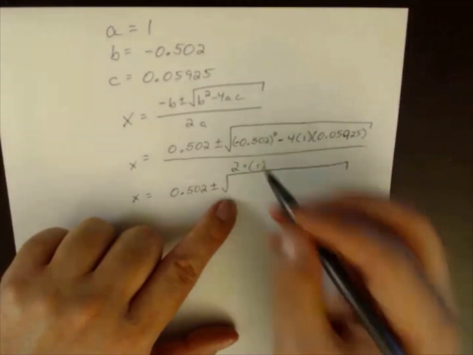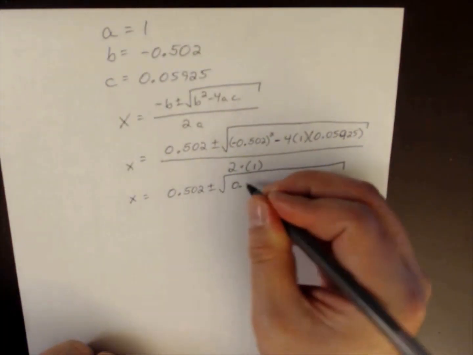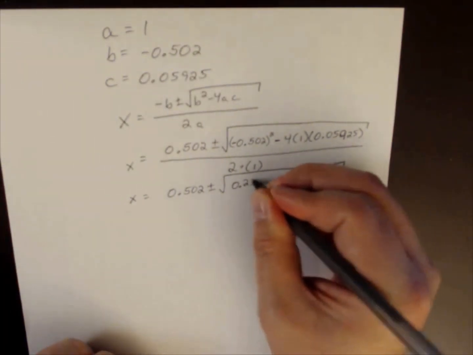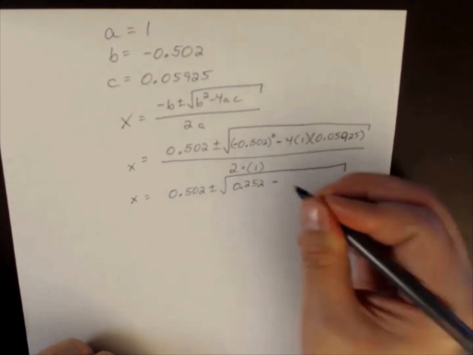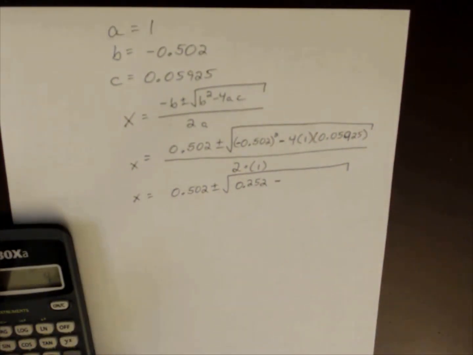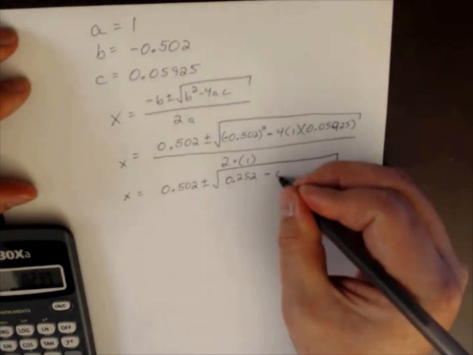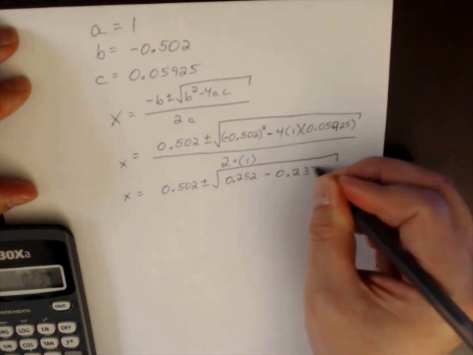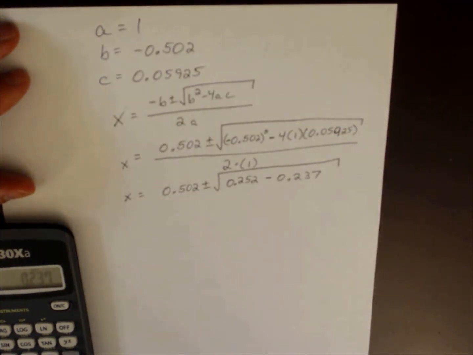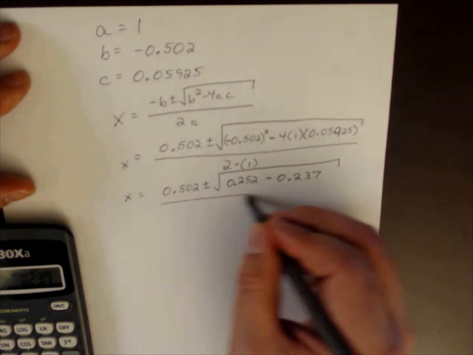This term, this will get me 0.252. This will be minus something, 0.237, over 2.